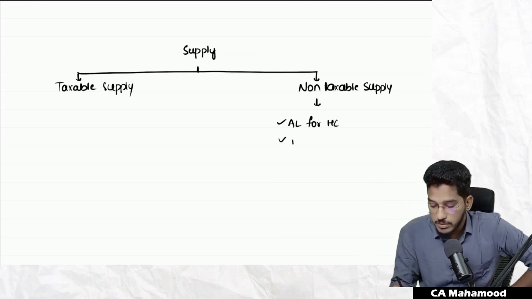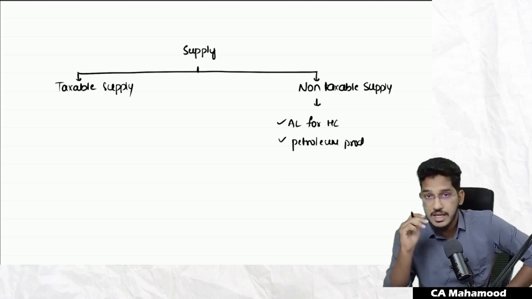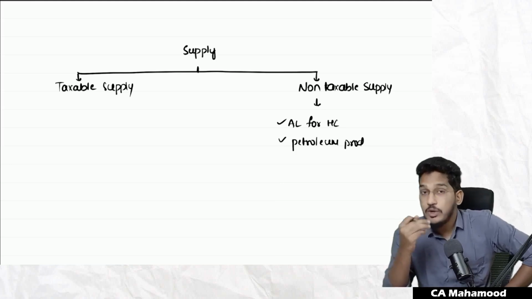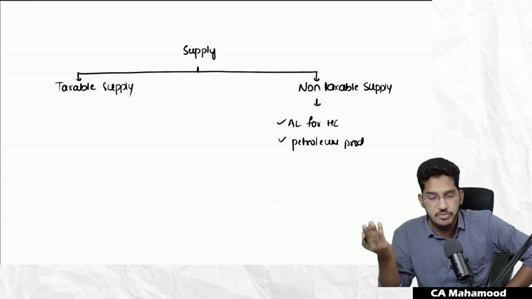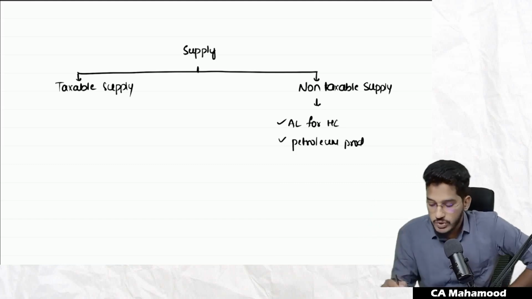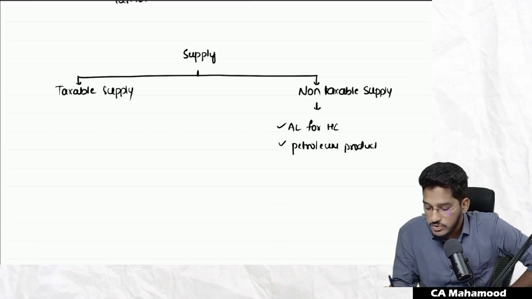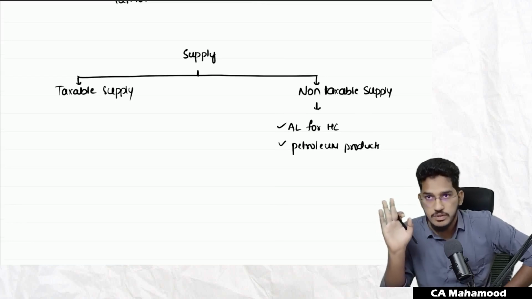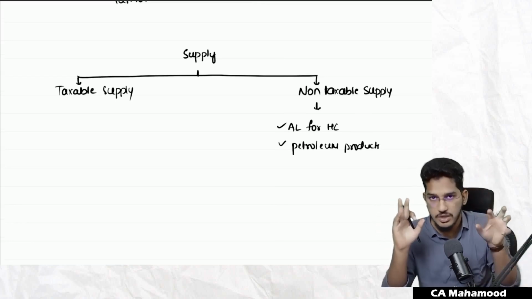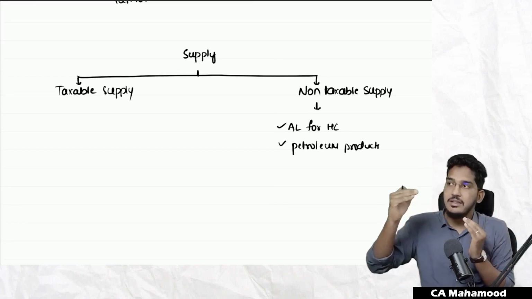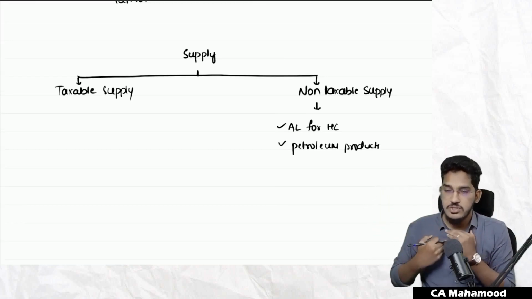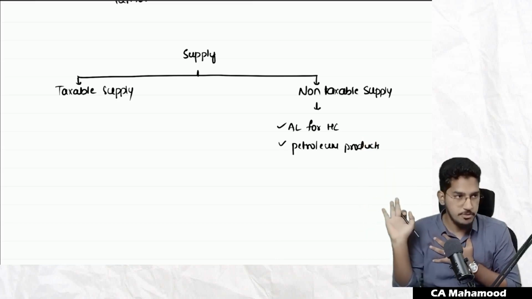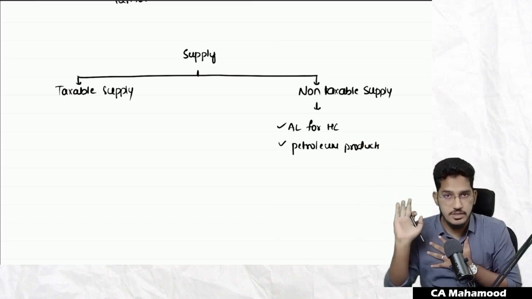And even if you remember petroleum products, as we have seen: high speed diesel, motor spirit, petroleum crude, aviation turbine fuel. Even petroleum products will not come under GST purview. As we have seen in the introduction to GST, the date from which petroleum products will come under GST will be decided in the future on the recommendations of the GST Council.